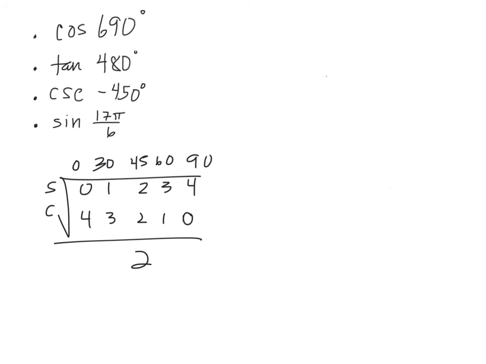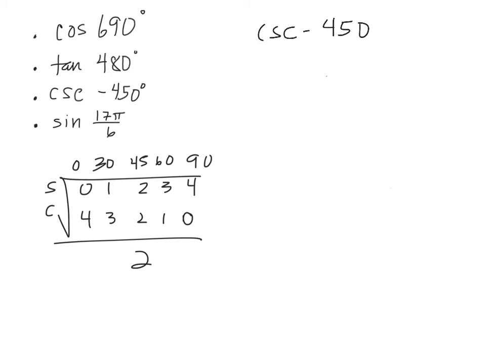All right, problem 3. So we have cosecant of negative 450. So it's negative. What I would do is find a coterminal angle for this negative 450. And you can do that with the higher ones too.